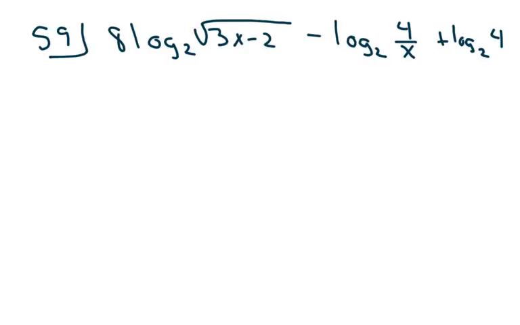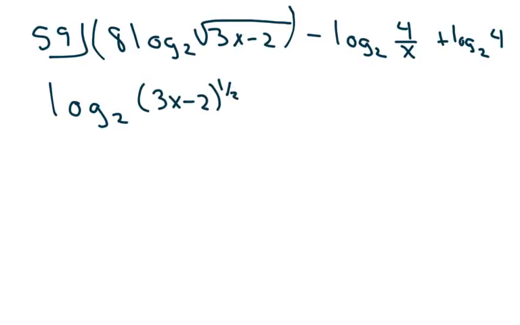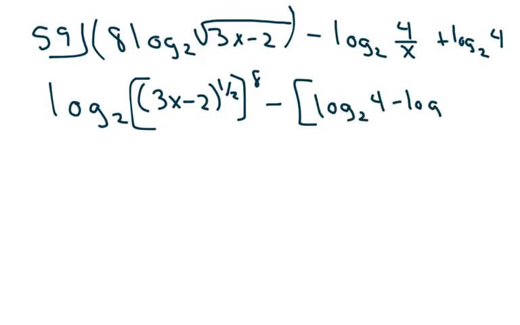So the first thing we're going to do is these two. I'm going to take care of this part first. This is log base 2 of 3x minus 2 to the 1/2. And then we're putting an 8 here. Then I'm going to do this part. This is log base 2 of 4 minus log base 2 of x. Then I'm going to attach this guy here. So that guy goes there.